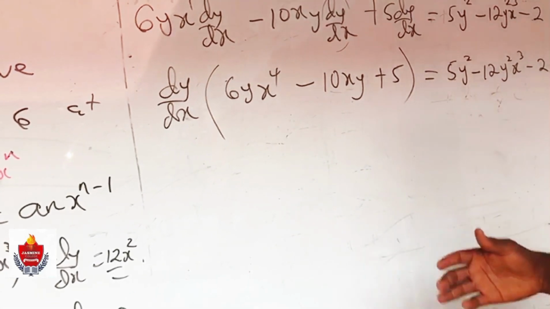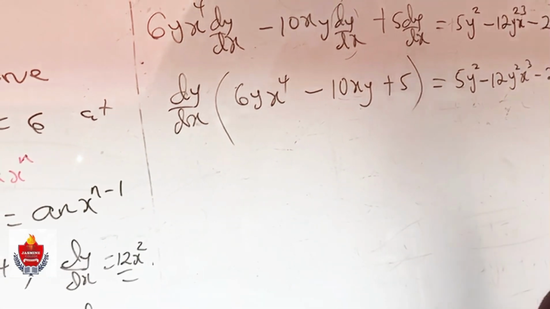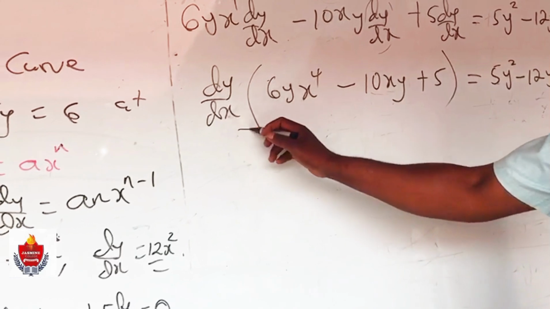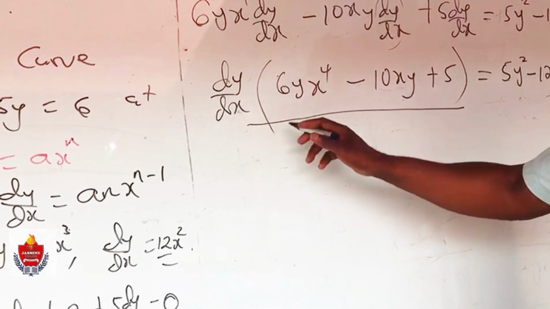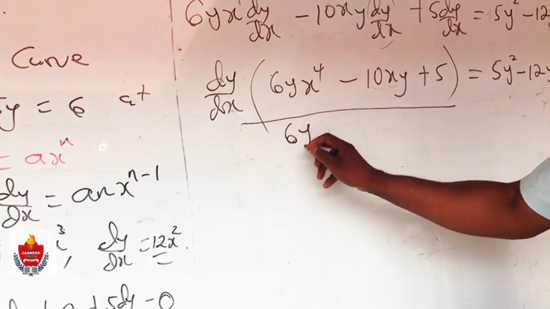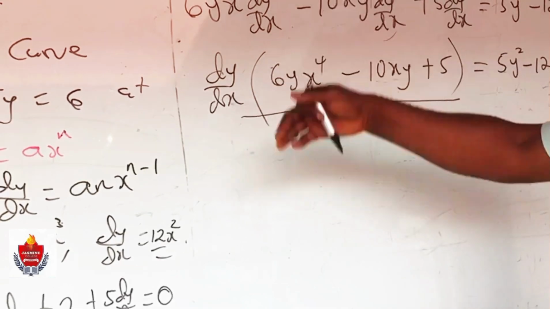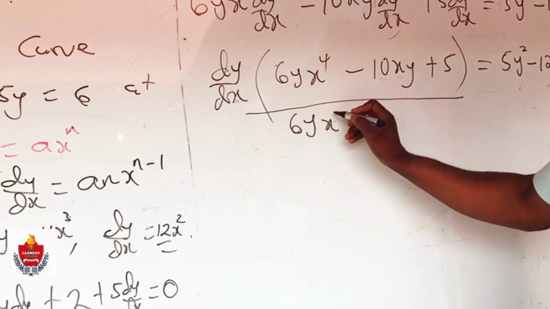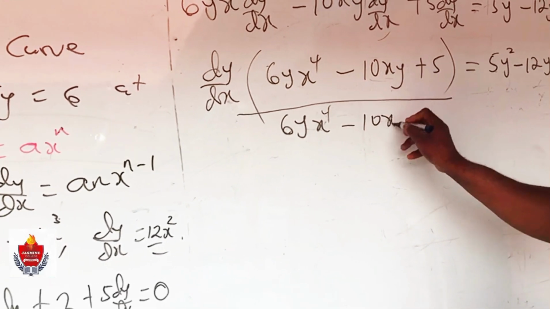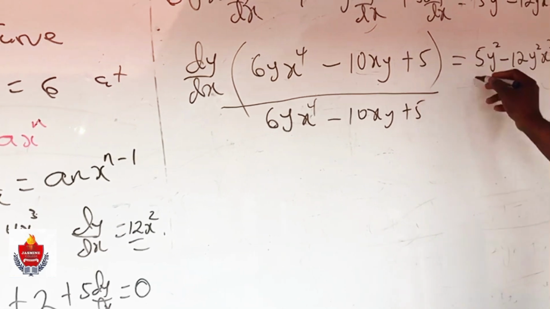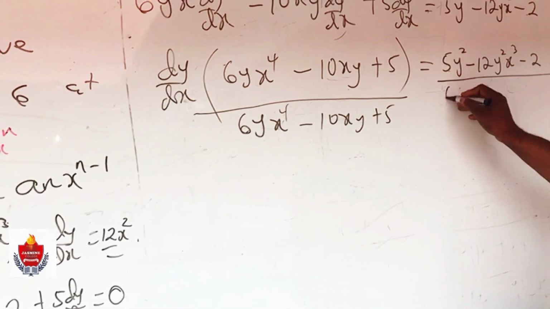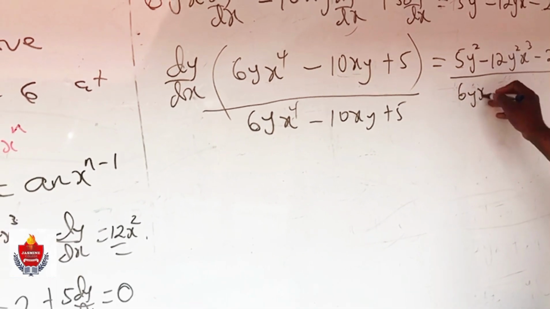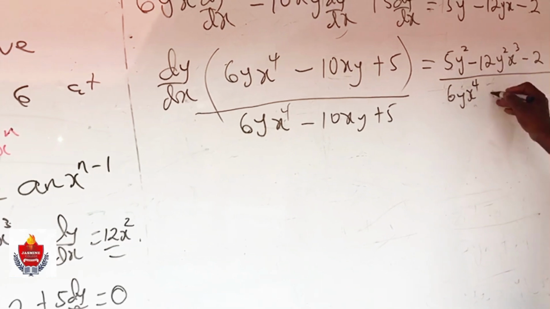People of God, at this point, we need to make our dy/dx the subject of formula by dividing through by the constraints. The constraint to dy/dx is 6y x raised to power 4 minus 10xy plus 5. Then also here we'll be taking the same constraints to dy/dx.